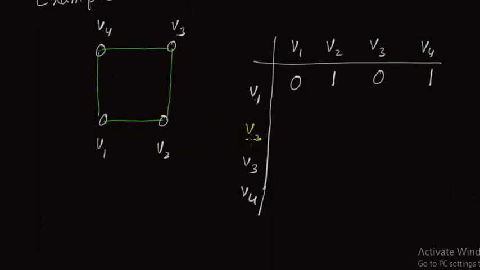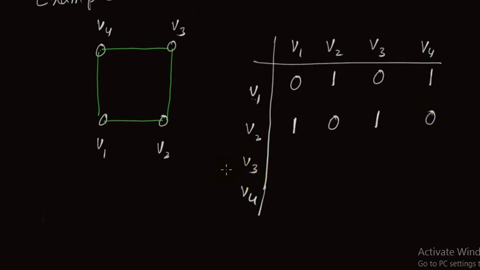Similarly, for vertex V2, V2 has an edge with V1, I choose 1. V2 has no loop, so we choose 0. V2 and V3 has an edge, so I choose 1. For V2 and V4, there is no edge, I choose 0 value.